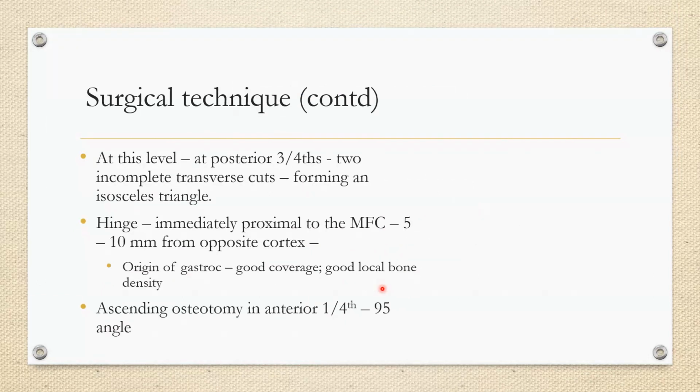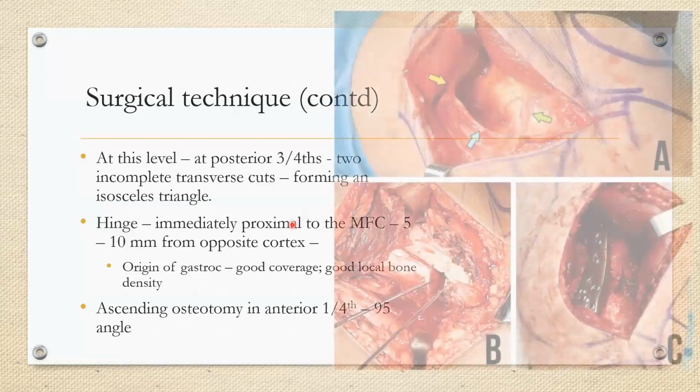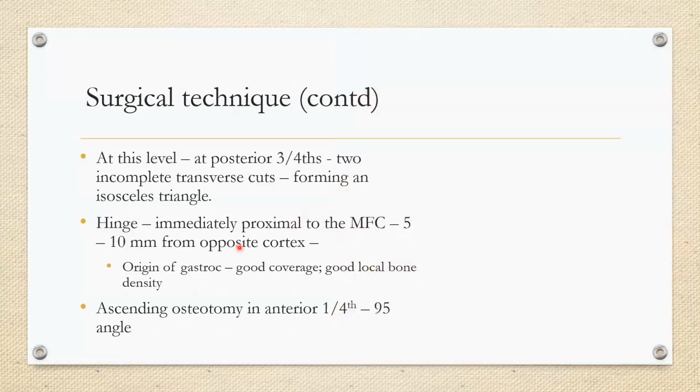So once that location is identified, at the posterior 3/4 of the distal femur, 2 incomplete transverse cuts are made, forming an isosceles triangle so that on compressing and closing the wedge, they sit well. And the hinge is directed towards the point just proximal to the medial femoral condyle, up to 5 to 10 mm from the opposite cortex.